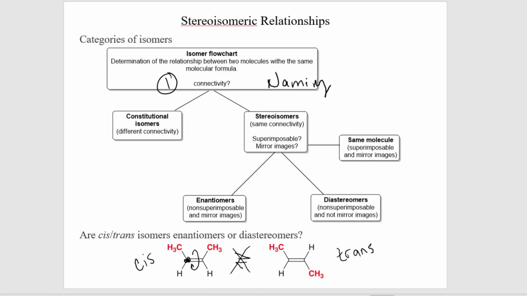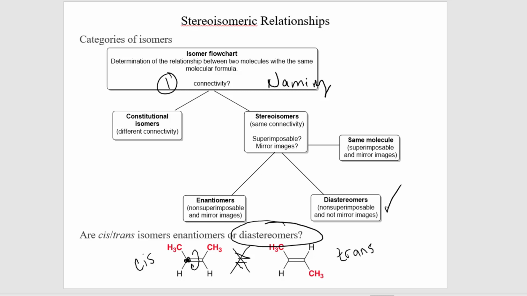So it doesn't have a stereocenter. So you wouldn't necessarily think to define their relationship as enantiomer or diastereomer. However, their relationship is diastereomeric. And the reason is because they're not mirror images of one another, and yet they're not superimposable. So it fits the diastereomer definition. Non-superimposable, but not mirror images of one another.